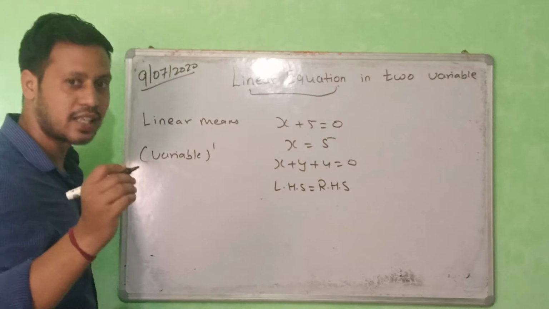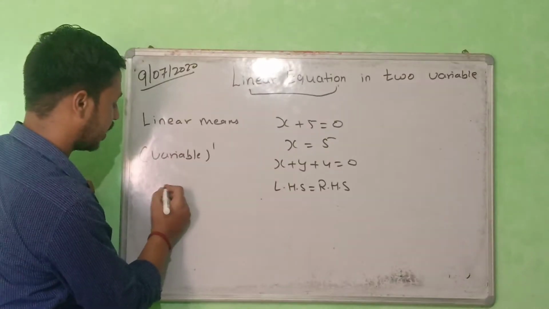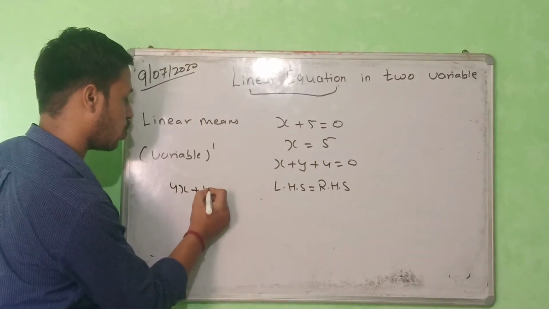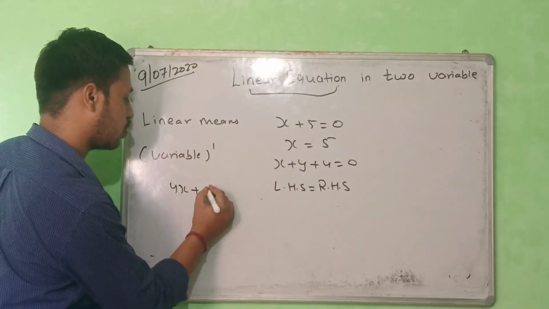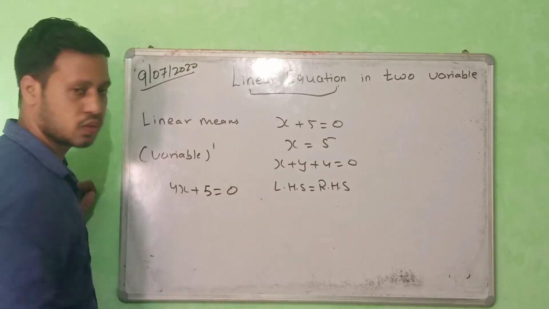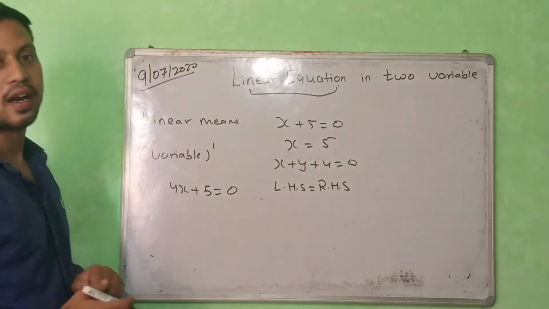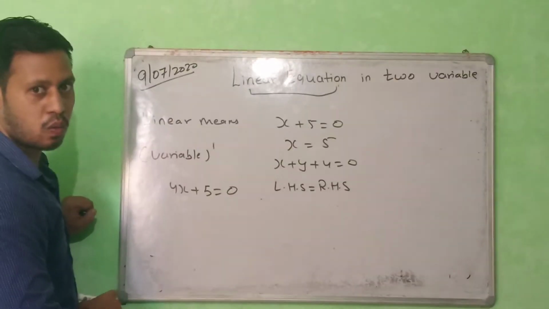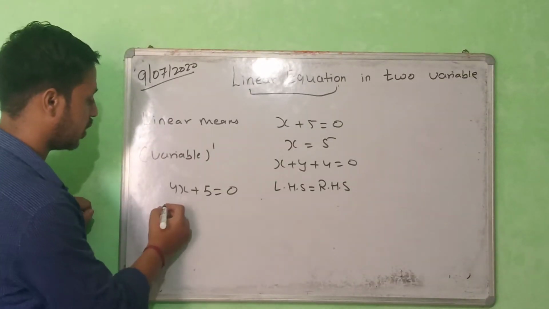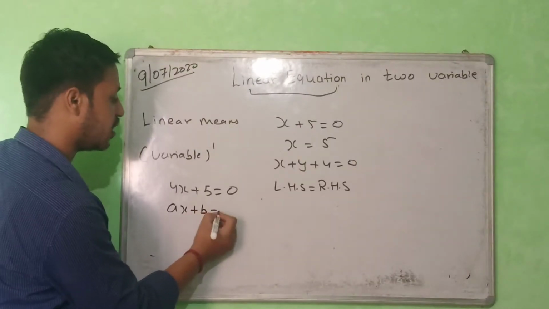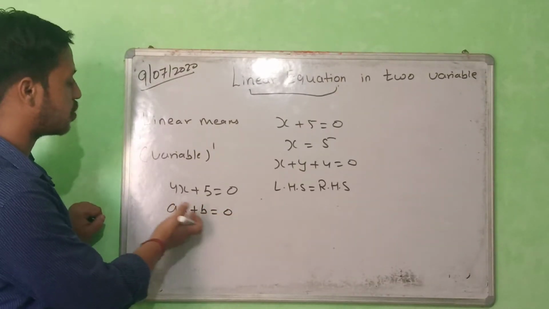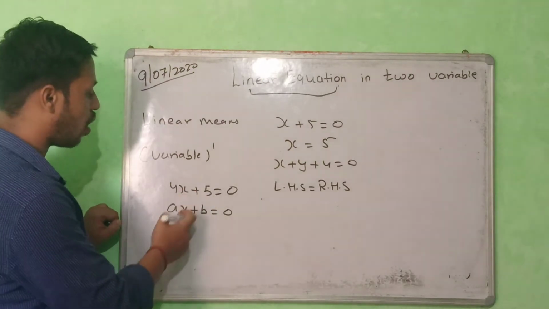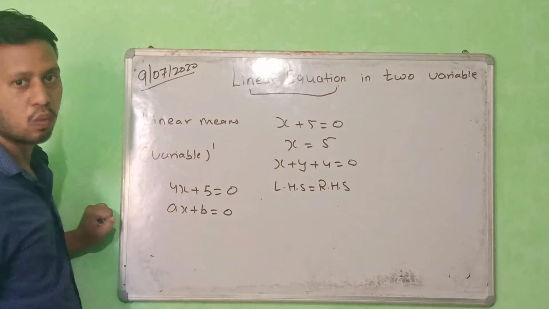You can say that 4x plus 5 equals 0. This is a linear equation because the power of x is 1. Now you can say it like this also. It is a general equation: ax plus b equals 0 is a linear equation because the power of the variable x is 1.